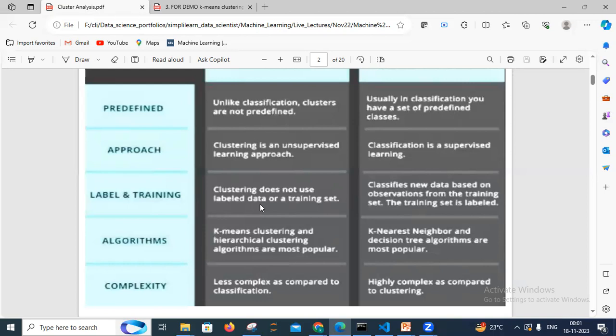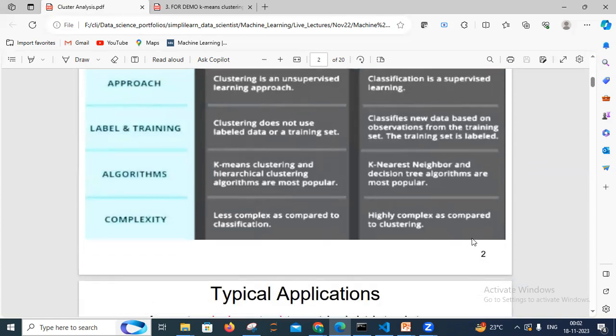Hierarchical clustering and k-means clustering are the popular algorithms of the clustering method. K-nearest neighbor and decision tree are popular for classification and supervised learning, not the unsupervised method. Clustering is less complex as compared to classification, and classification is highly complex as compared to clustering.